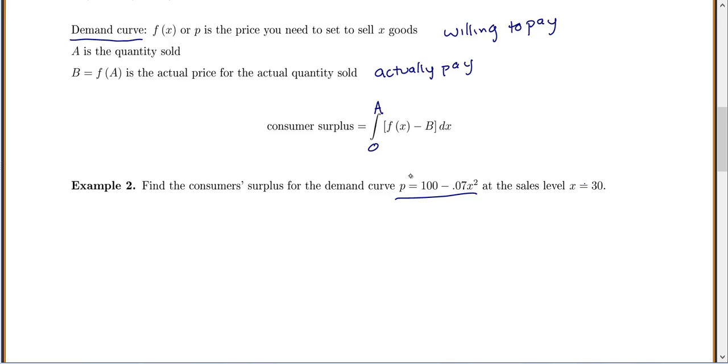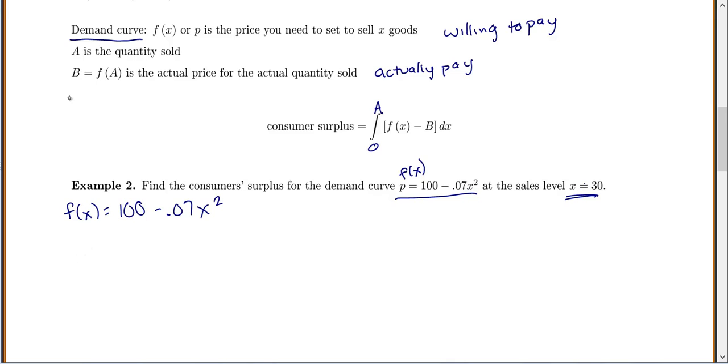This is kind of our f of x or p. Usually we call it a p or even sometimes a q in this textbook. And we want to do it at the actual level of 30. So let's set a few things up. According to my formula, my f of x is going to be 100 minus 0.07x squared.